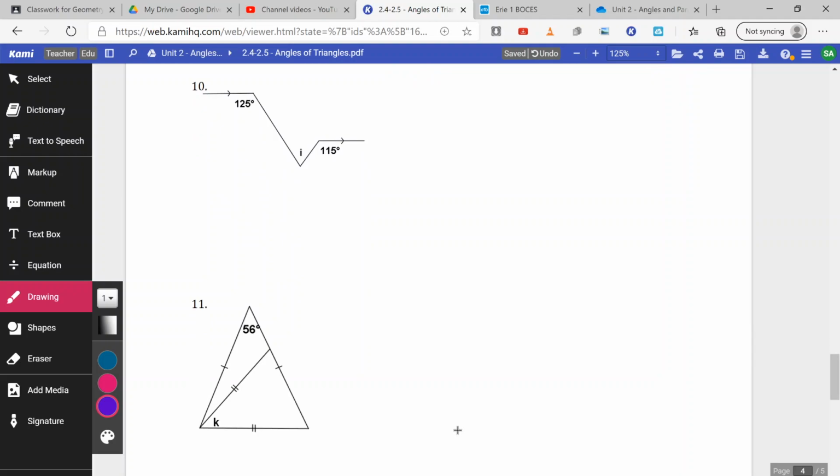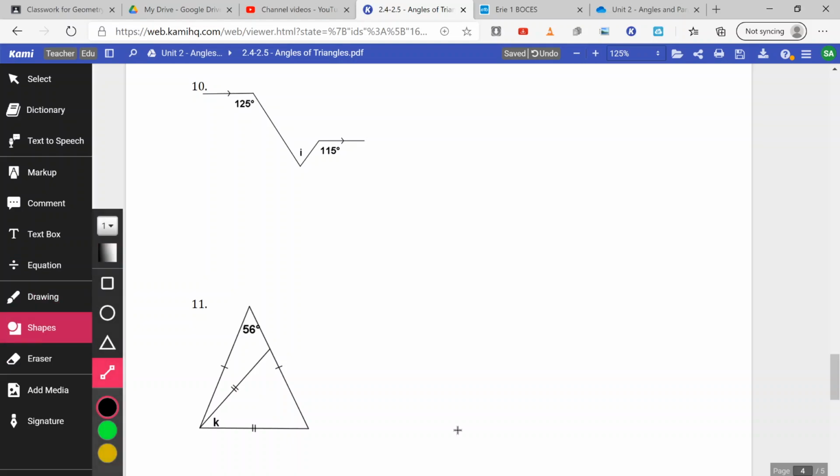Now number 10, we have these lines, then a dip, and then another line. The arrows represent the fact that they are parallel, so I can actually extend this line out. So these lines are parallel to each other.